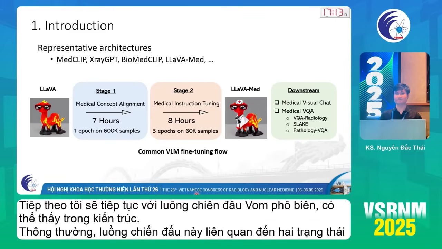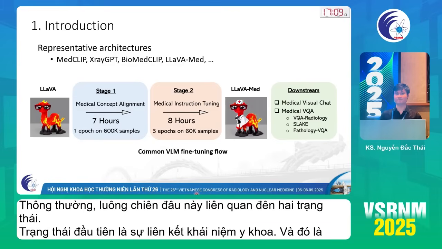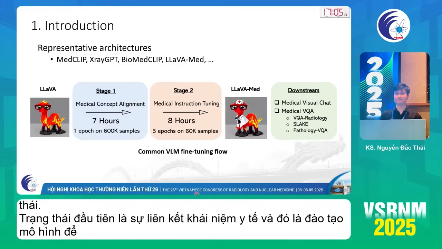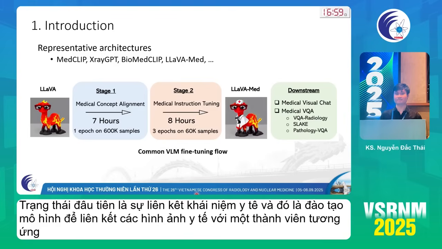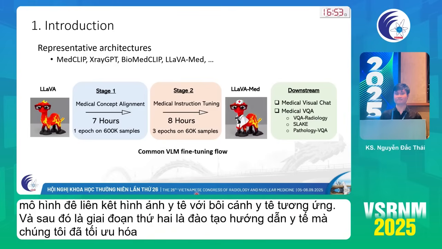The first stage is medical concept alignment, which trains the model to associate medical images with the corresponding medical context. The second stage is medical instruction tuning, where we optimize the model to follow medical instructions and give responses about medical tasks.